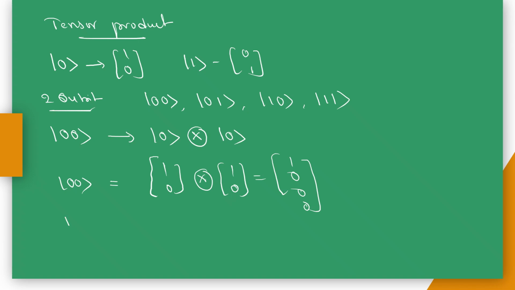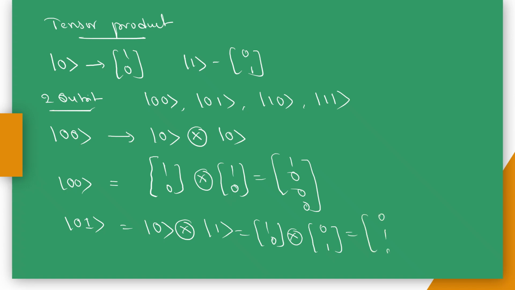Similarly, to represent the 01 state, we take the tensor product between the 0 state and the 1 state. As before, we take 1, 0 tensor product with 0, 1. So this gives the matrix 0, 1, 0, 0. Similarly, 10 is 0, 0, 1, 0, and 11 is 0, 0, 0, 1.